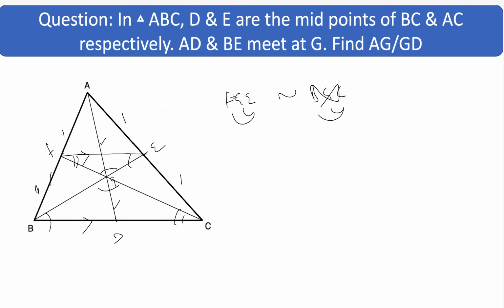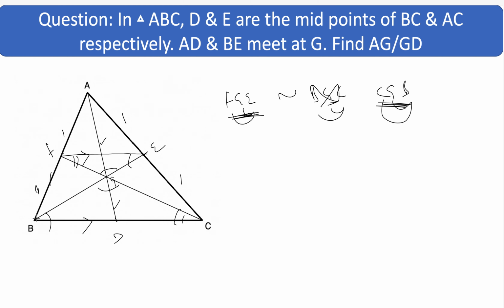We know that FGE is equal to that, so G has to come in the center. So it could be the other way around: CGB. Now let's check. FEG has to be equal to GBC, or you can call it CBG. Similar: first, third, second. So FGE is similar to CGB.